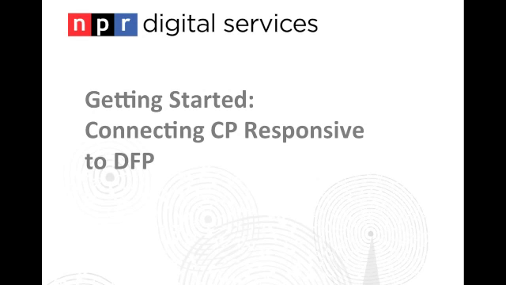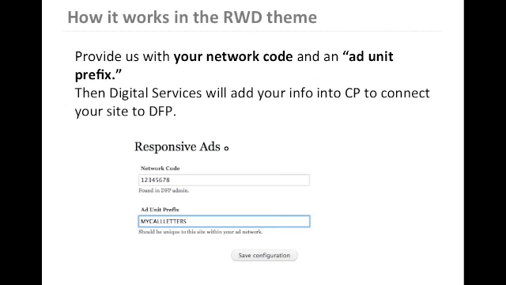So how do you get connected? How do you connect your Core Publisher account with your DFP account? We need you to provide us with your network code or network ID, and you also need to provide us with an ad unit prefix. Now, for most stations, we just recommend using your call letters for your ad unit prefix. It's something that your station is going to designate, and it's better to stay similar to what you currently have on your site.